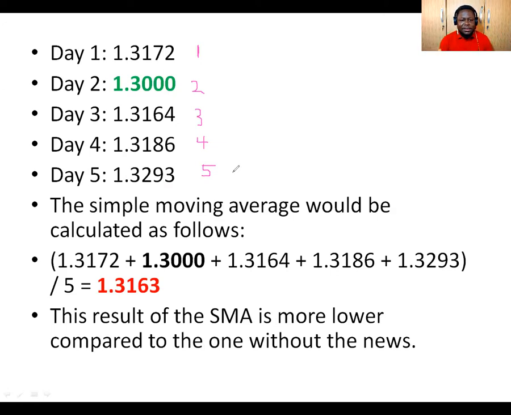Is this clear? But when the simple moving average is plotting the line on the chart, it will give all the days equal opportunity. Exponential will not do that. It will rather lay emphasis on what is happening presently, currently. So the recent candles will be given better emphasis than the previous candles.